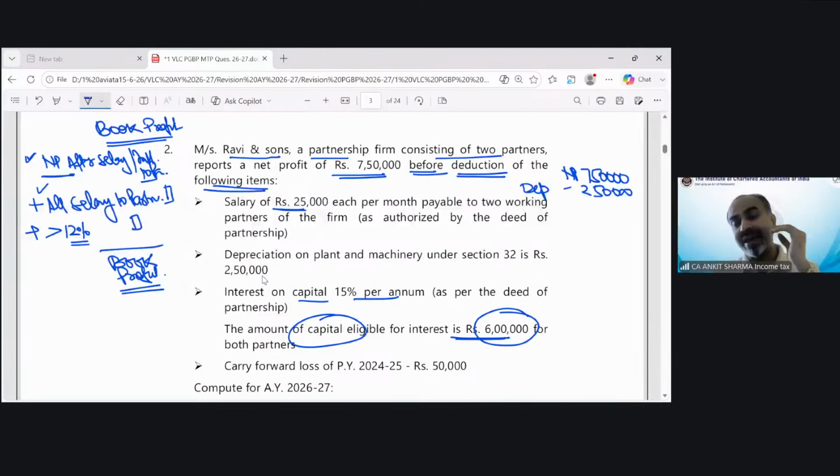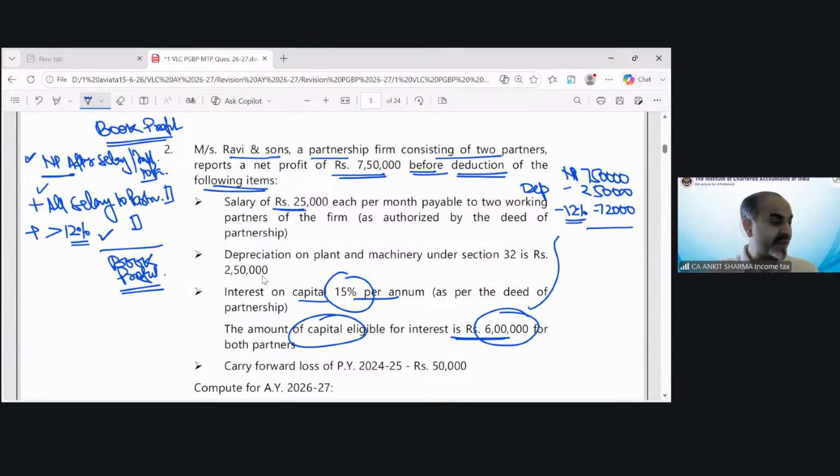So we can reduce directly the amount of interest which is allowed. If the 15% had been fully allowed earlier, then we would need to add back the excess value. But because this interest has not been reduced yet, we will claim only 12% out of that 15%. The 12% interest on 6 lakh would be 72,000.